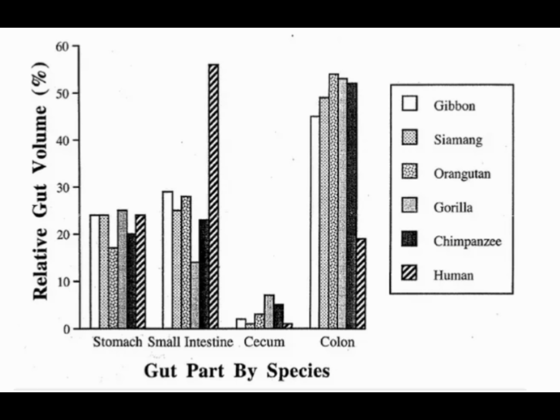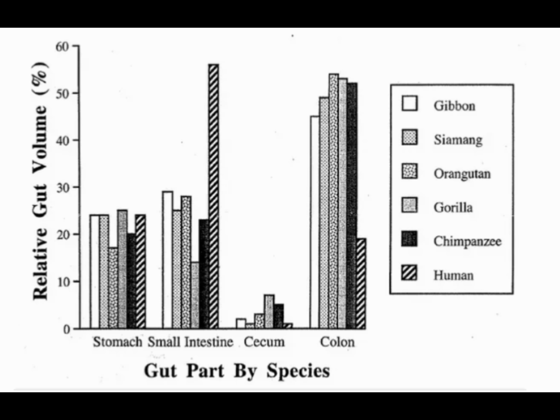All right, so here we have a chart that shows gut volume and then gut part by species. And we've got gibbons, siamangs, orangutans, gorillas, chimpanzees, and humans, and the size of their stomach, small intestine, cecum, and colon.